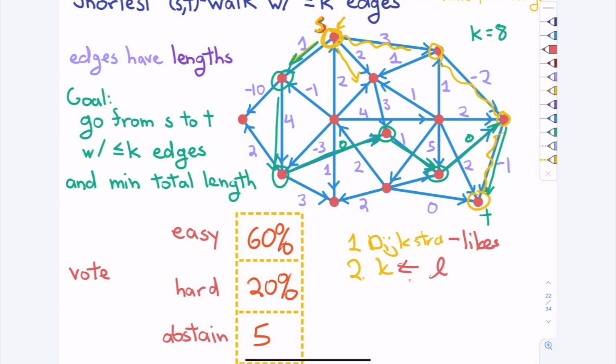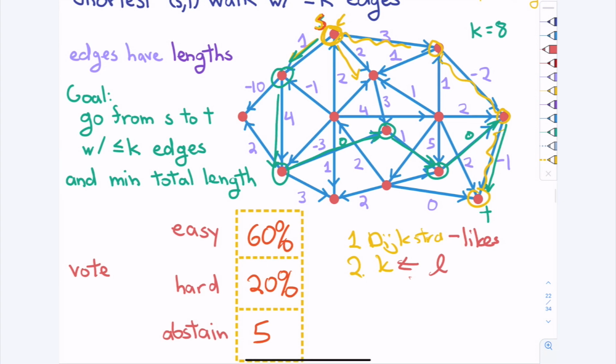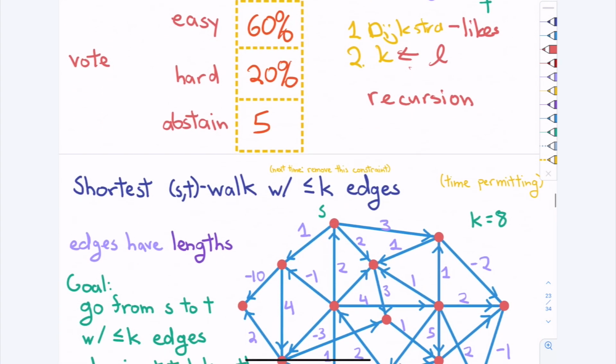Can we do 1? Can we do 2? Can we do 3? And try to work our way up to K or something. So I don't know if it's Dijkstra-like, but we can take a recursive approach that's also going to keep track of how many edges we've used so far.